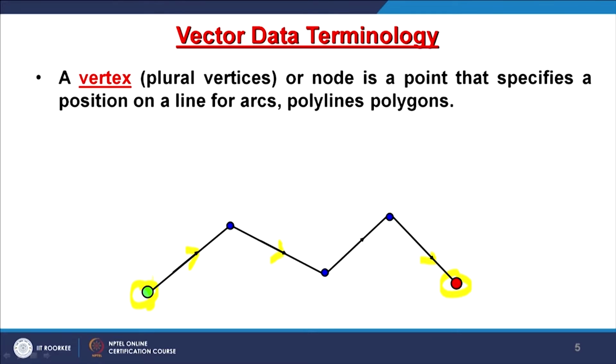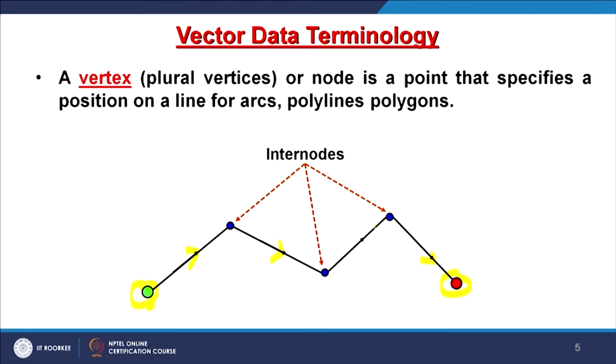Now I know the magnitude, that is, the length of this line becomes my magnitude, and the direction is also there. So, these are the begin node and end node or vertex, and in between you have internodes as well. These blue dots are shown as internodes.